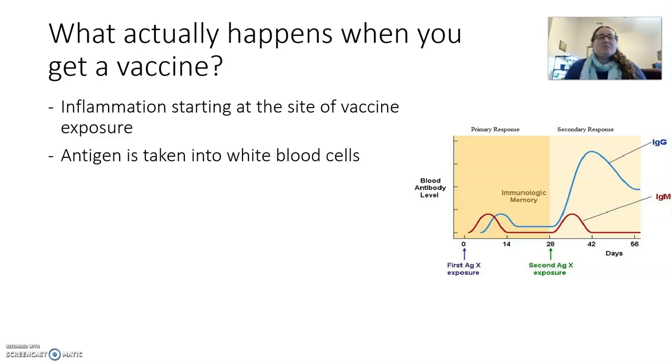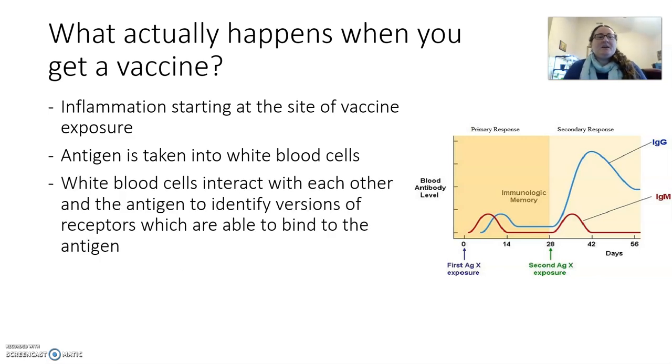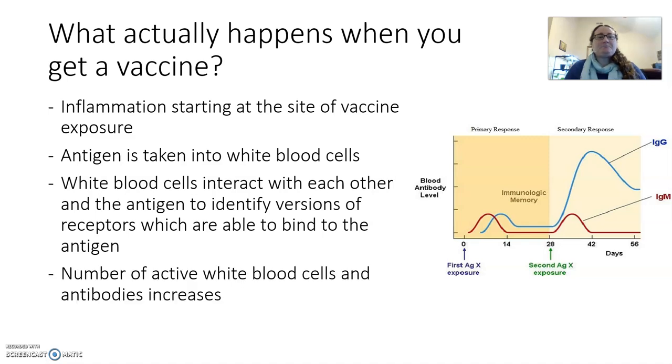Once white blood cells are brought in through that inflammatory process, they will take in the antigen, and they will interact with each other and the antigen to identify which versions of receptors they have that can actually bind to the antigen. And once those are identified, the number of white blood cells and antibodies will increase for a short period of time. So this graph I have over here is looking at antibody levels for two different types of antibodies, IgG and IgM.